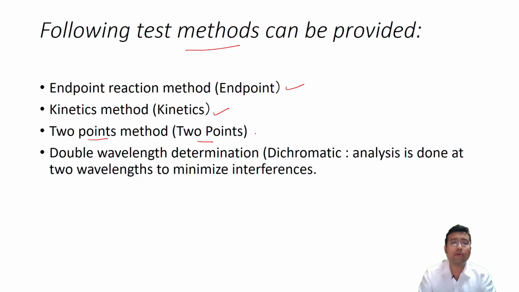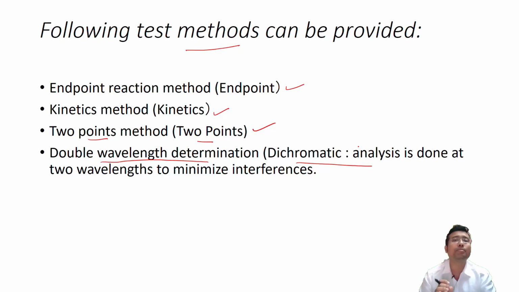Two-point method, very important. For example, bilirubin: the mixture is analyzed at 2 different points and then the difference is calculated and the result is given. Lastly, double wavelength determination, dichromatic analysis. Simply, one mixture, one colored reagent is analyzed at 2 different wavelengths just to minimize the interferences.